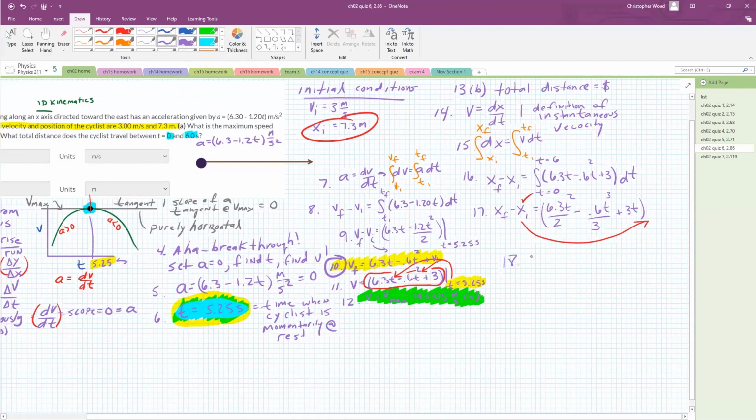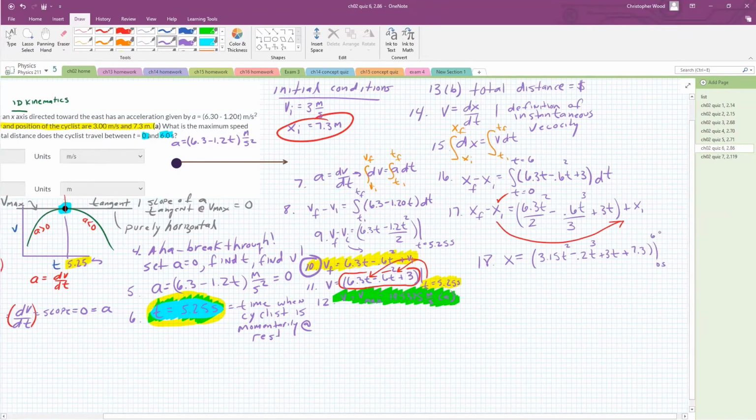Number 18. Total distance traveled by the motorcyclist is this. 6.3 divided by 2 is 3.15. So it's going to be 3.15 T squared minus 0.2 T cubed plus 3T plus X initial, which is 7.3, evaluated from 0 seconds to 6 seconds.